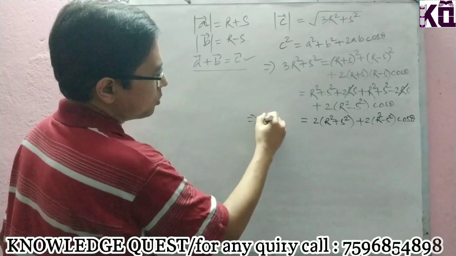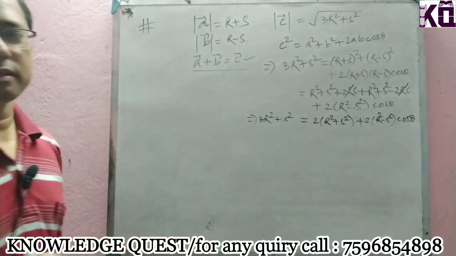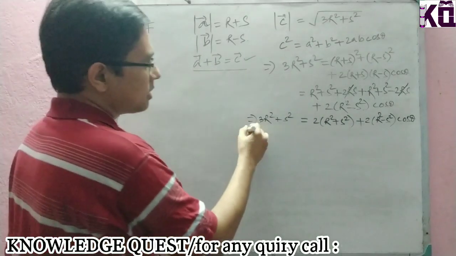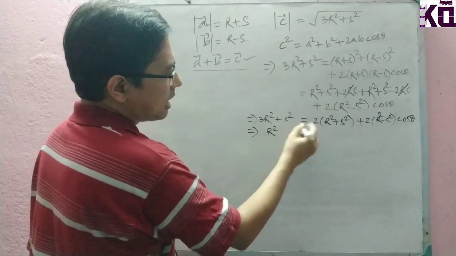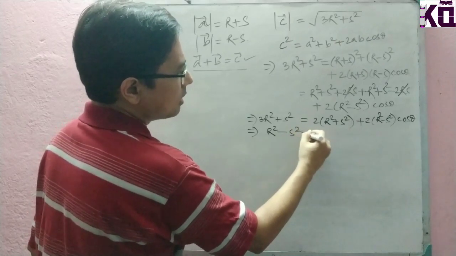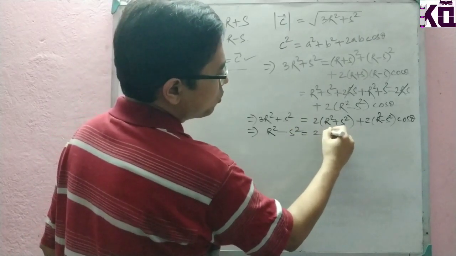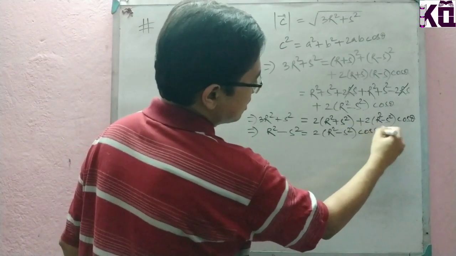This is equal to 3r square plus s square. Now 3r square minus 2r square means r square, and s square minus 2s square means minus s square, which is equal to 2 into r square minus s square cos theta.